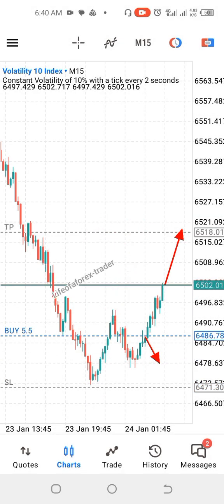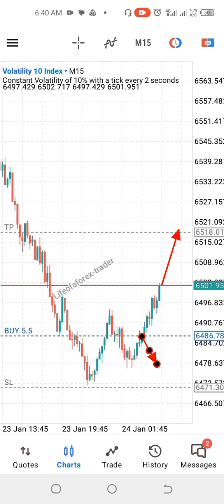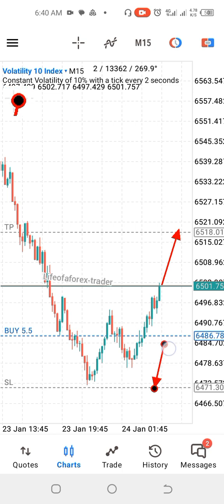Now let's see, anything can still happen in this market. So what I will do is move my stop loss upwards and place it above my entry level.